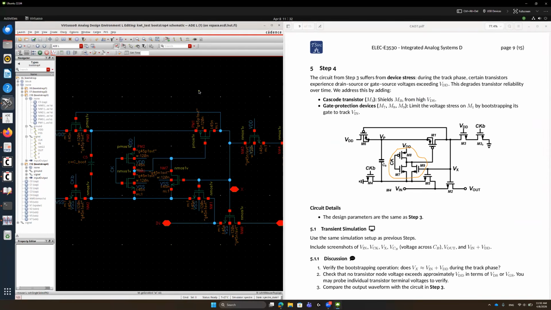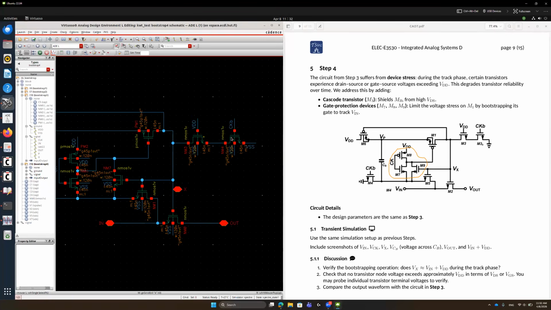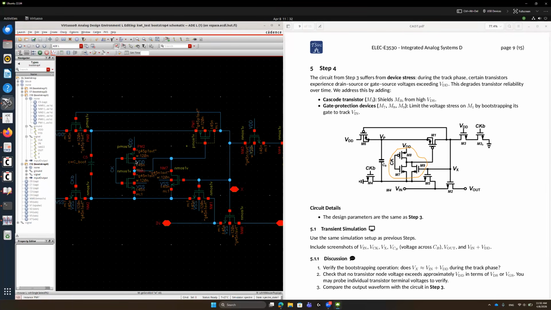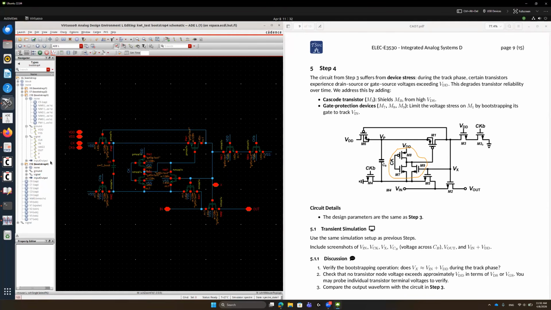So this is a step 4 circuit. We have stacked transistors, M3 here, and we have some protection circuits. This inverter-like circuit, PMOS and NMOS, and another NMOS is here. The basic operation was already explained during the lecture, so I will not provide too many details about the circuit operation.